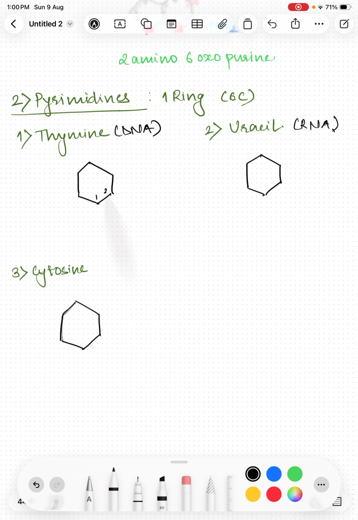So this is 1, 2, 3, 4, 5, 6. In purines, the 6 carbon ring was numbered clockwise, but in pyrimidines it is numbered anti-clockwise. Please remember this. Again 1, 2, 3, 4, 5 and 6.